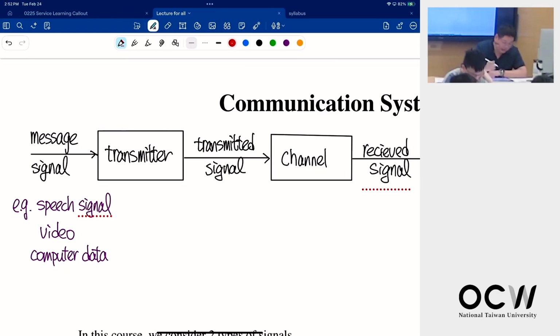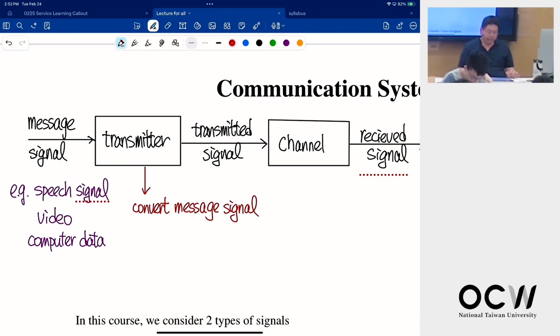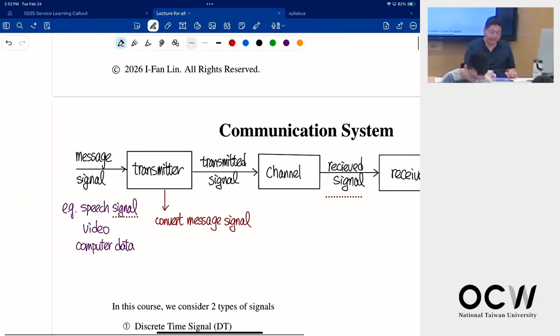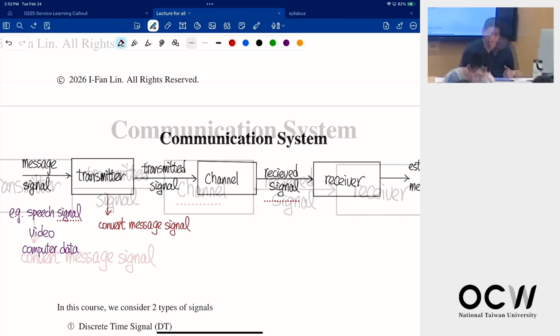So in this case, the transmitter is to convert the message signal. Once they convert it, they send it to a channel, like a mobile channel or a satellite channel, so they can use it.